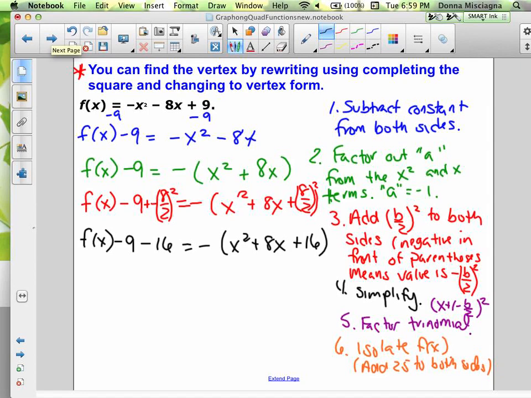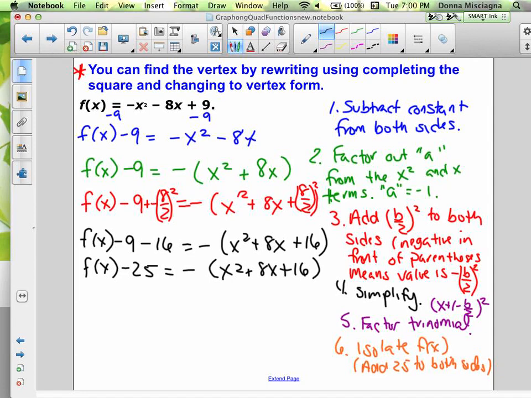Let's combine our like terms. So we have f of x minus 25 equals negative x squared plus 8x plus 16. So by the way, as we're doing this, I want you to think about what the vertex was on the last page and see if you can see the terms from the vertex just popping out somewhere.